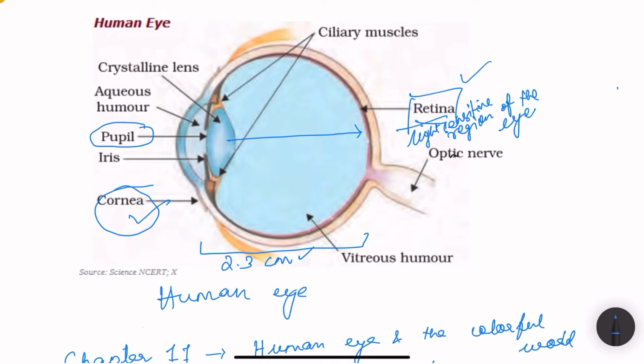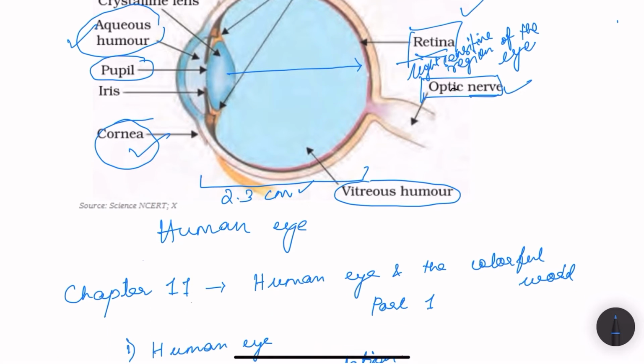And there is fluid between the lens and the cornea, known as aqueous humor, and beyond the lens the fluid present is known as vitreous humor. After this, the image is formed and the sensations are carried by the optic nerve. So this is all about the human eye.